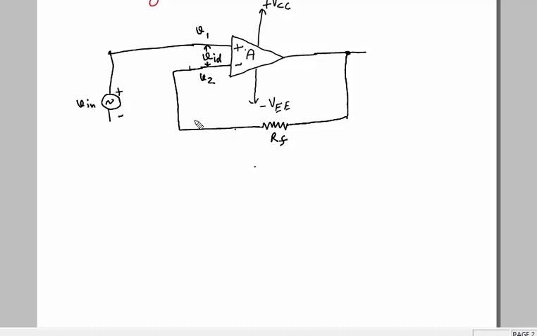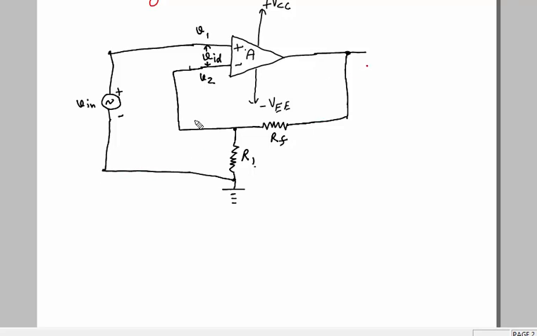Then from the inverting terminal we have a resistance R1, which is grounded. This Vin we are going to keep on a common ground. We can take a separate ground here also, no problem.